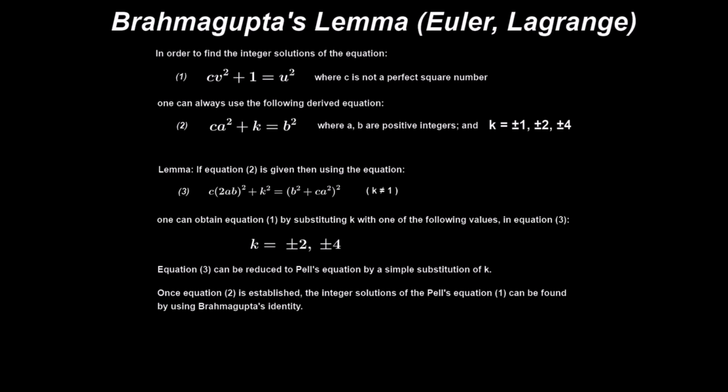The derived equation is obtained from Brahmagupta's identity, when considering the two right factors in the identity as being identical. By doing this, one will observe that the term k can only have one of the following values: plus or minus 2, or plus or minus 4.